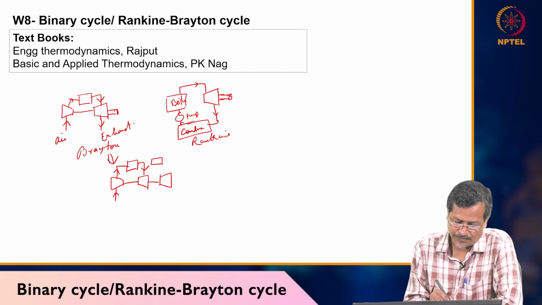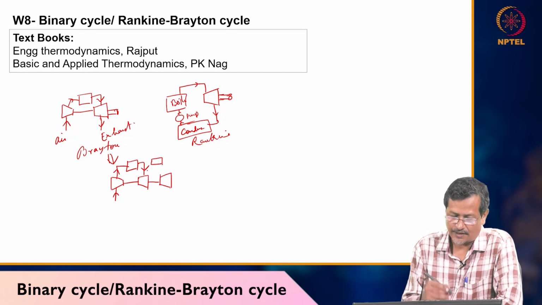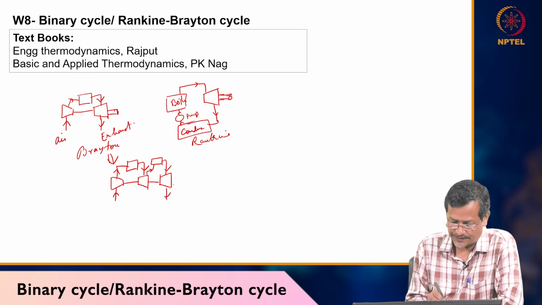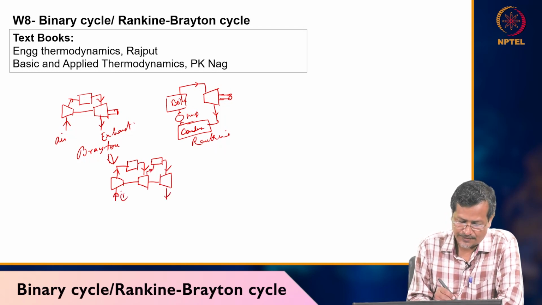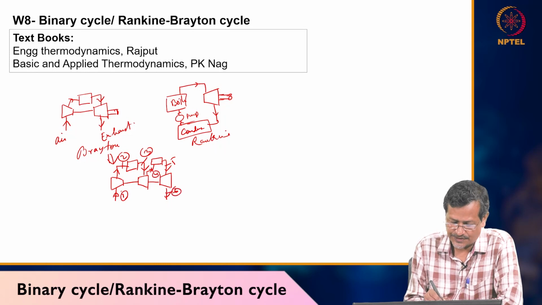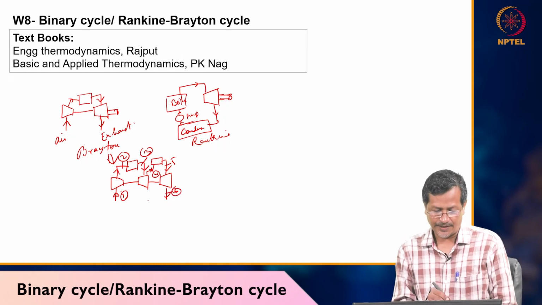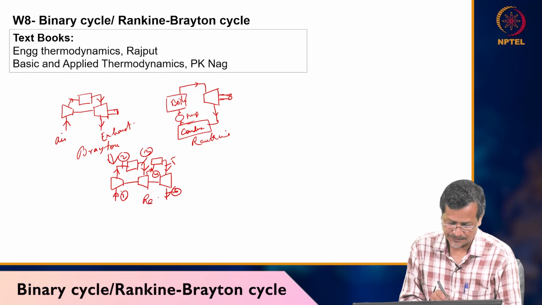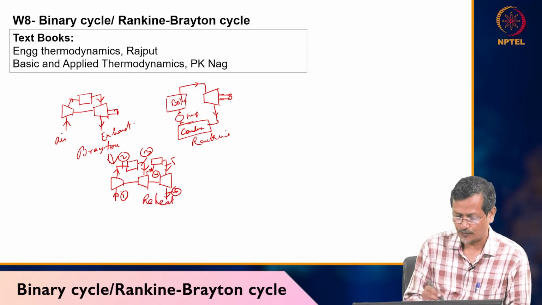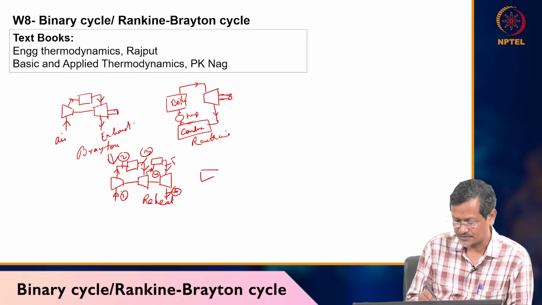So you will have a combustion chamber or heating source here again, so that the temperature goes up. Points 1 2 3 4 5 6. You can see this is the reheat cycle.